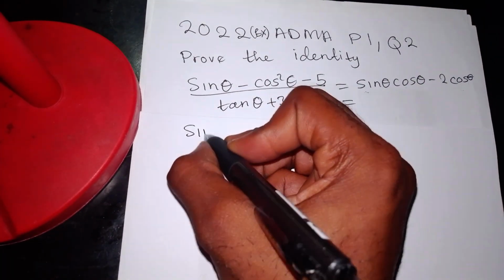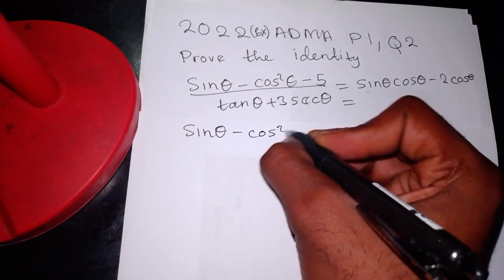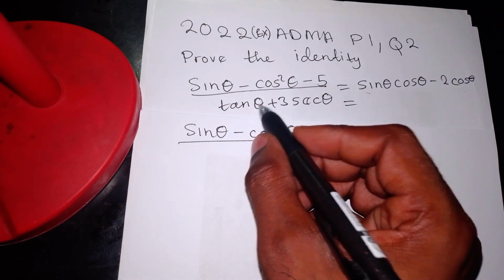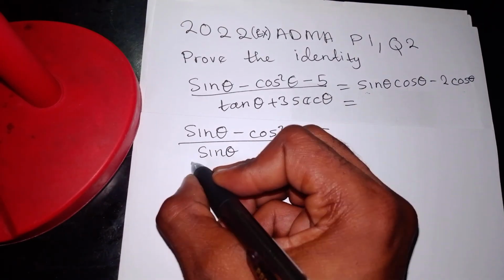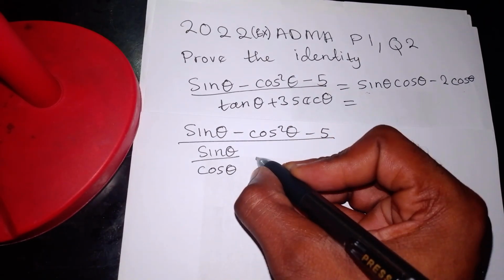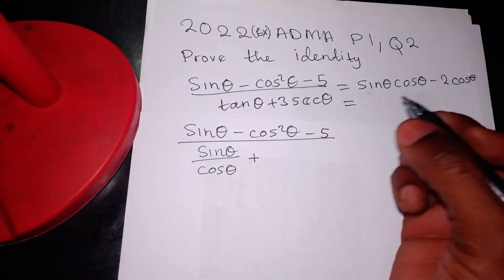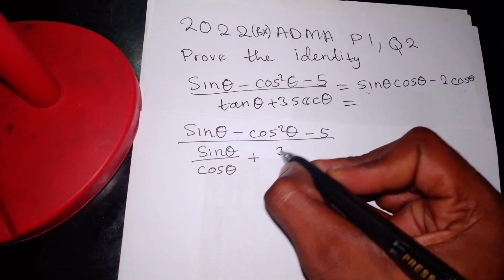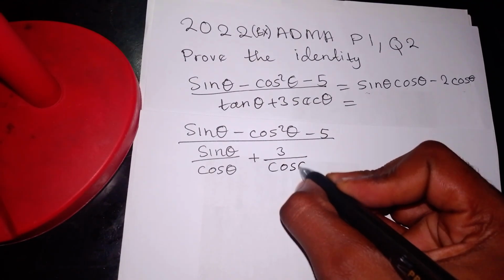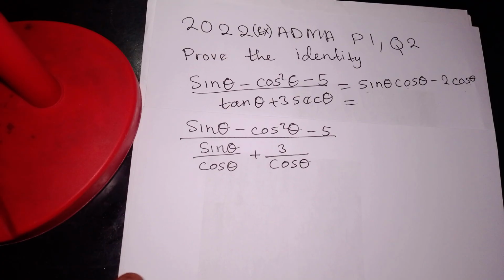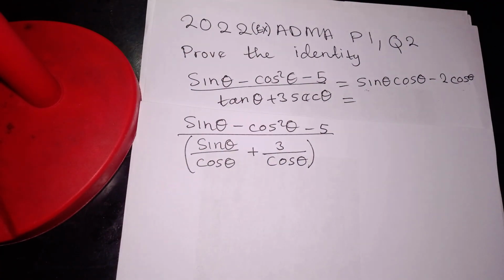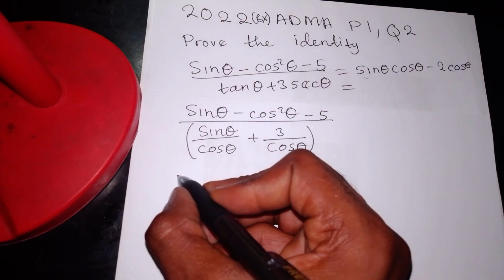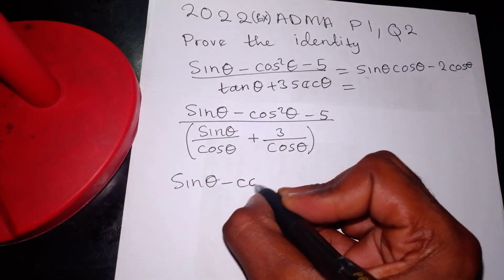So we can say sine theta minus cos squared theta minus 5, everything over. Tan is sine theta over cos theta, and then plus sec is 1 over cos theta, so you can write this as 3 over cos theta, like this. So now you can just put this in brackets so that you can divide it by that. But before we do that, let's just simplify this and see if we can get something interesting.